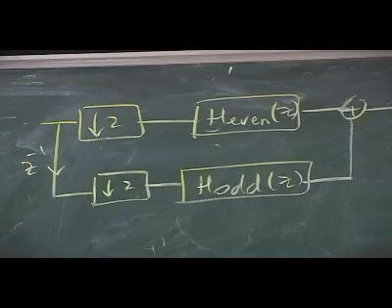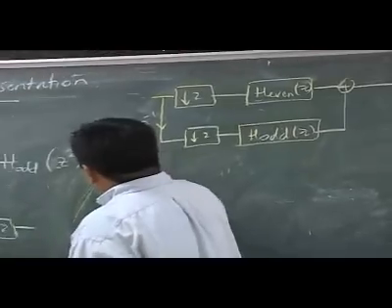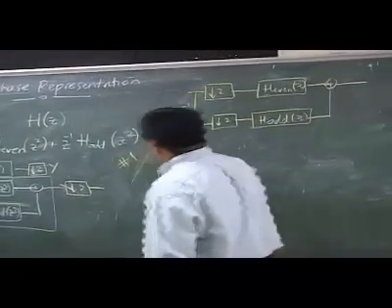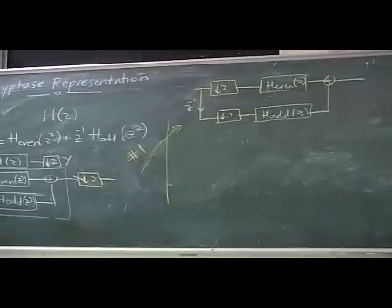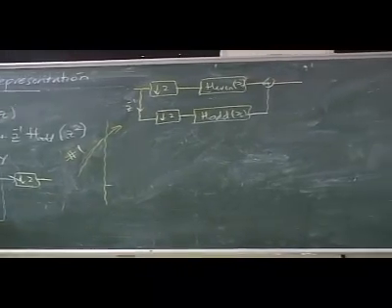Are there any questions so far? From here to here is using the first identity. Okay? So let's call this number 1, number 2, number 3.